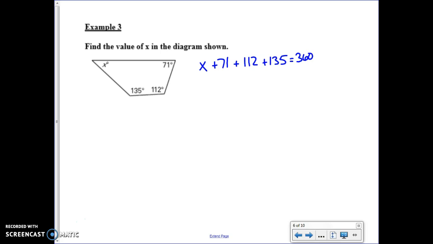So I have x plus, and then if I combine all of those, 71 plus 112 plus 135, I will get 318 equals 360. So subtract 318 from both sides, and I get that x equals 42 degrees.